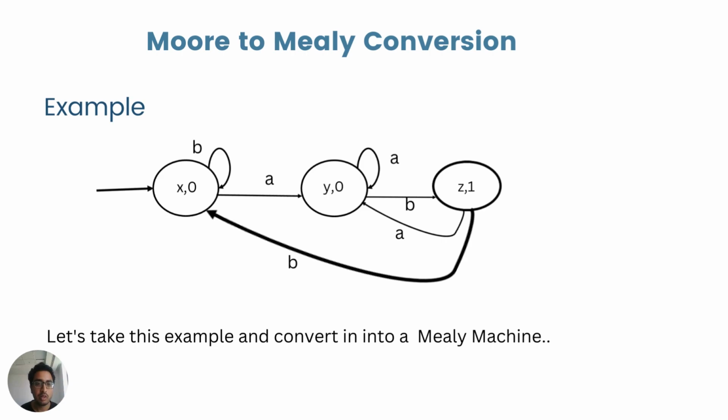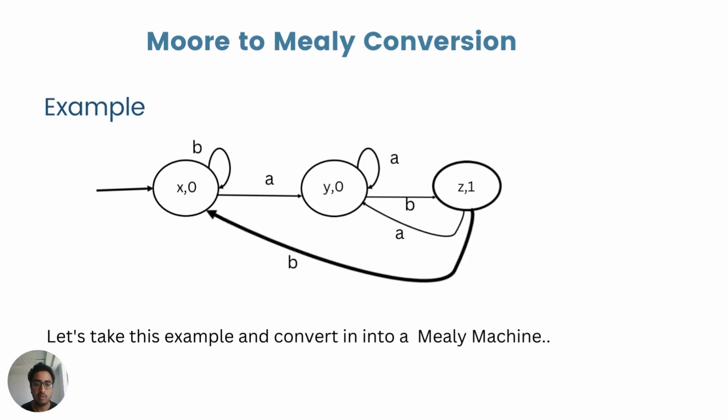If we take input a in x, then it will go to state y and its output will be 0. Similarly, if we take input a in y, it will stay in the same state and its output will be 0. And if we take input b in state y, then it will go to state z and its output will be 1. Similarly, you can see for state z also.